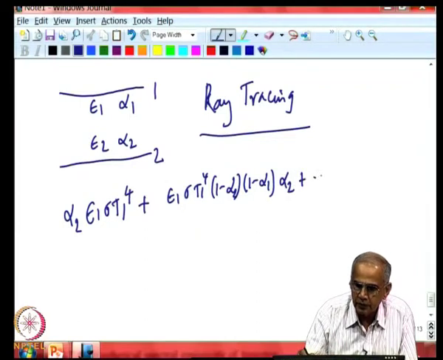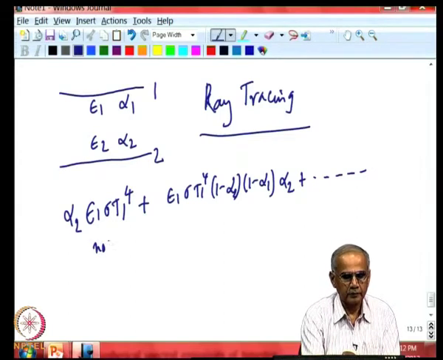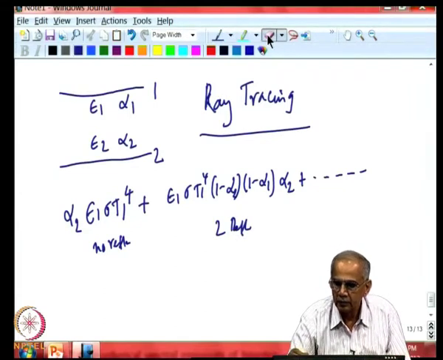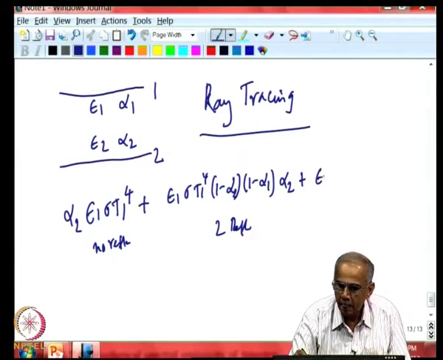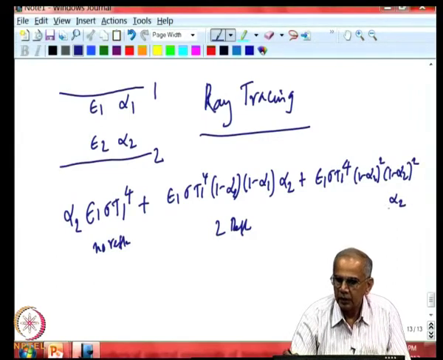So, this process can continue. So, this is no reflection, 2 reflections, then you can add here 4 reflections, which will be like this. So, this can extend.